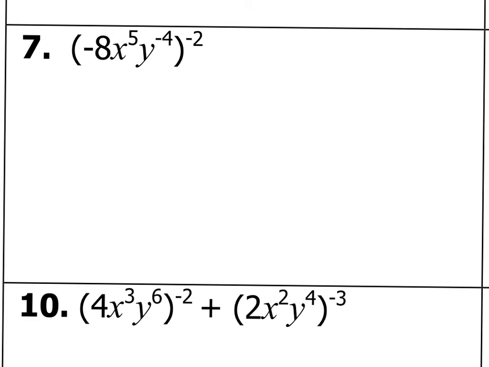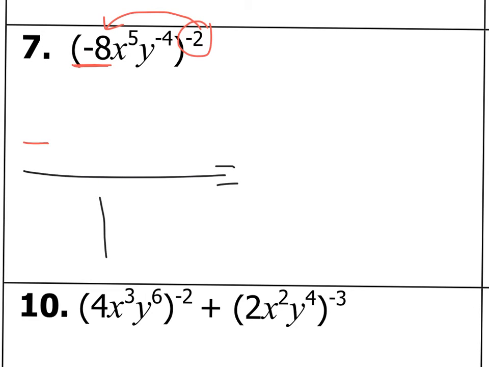All right, let's go ahead and try number 7. On number 7, I have negative 8 as a coefficient. That negative 2 is going to get distributed to the negative 8. So that negative 8 now is raised to the power of negative 2.